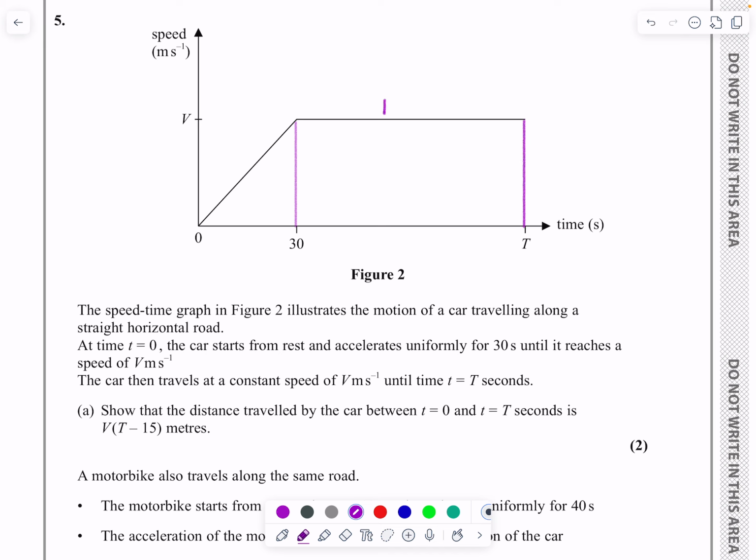I've got that length there is t minus 30. I've got that the bottom length is t, and I've got that the height there is equal to v.